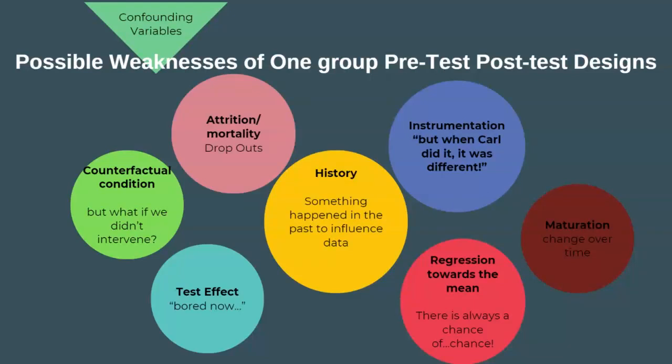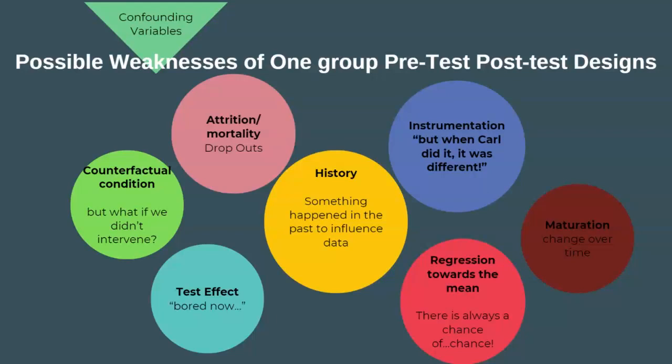And why that is useful is because it helps combat some of these weaknesses that we're going to talk about now. Okay, so possible weaknesses of this just simple one group pre-test, post-test design, particularly is maturation. So we have no way of knowing really, when you're only measuring one group in 2 periods of time, what exactly changes.